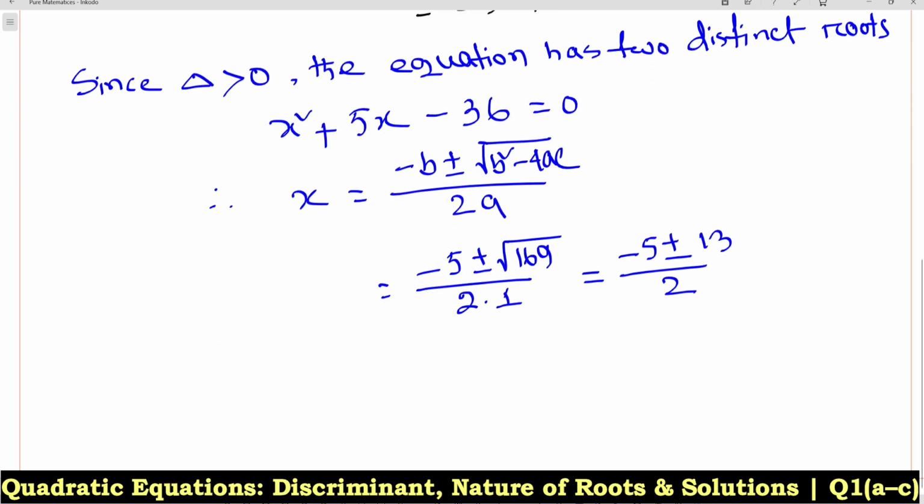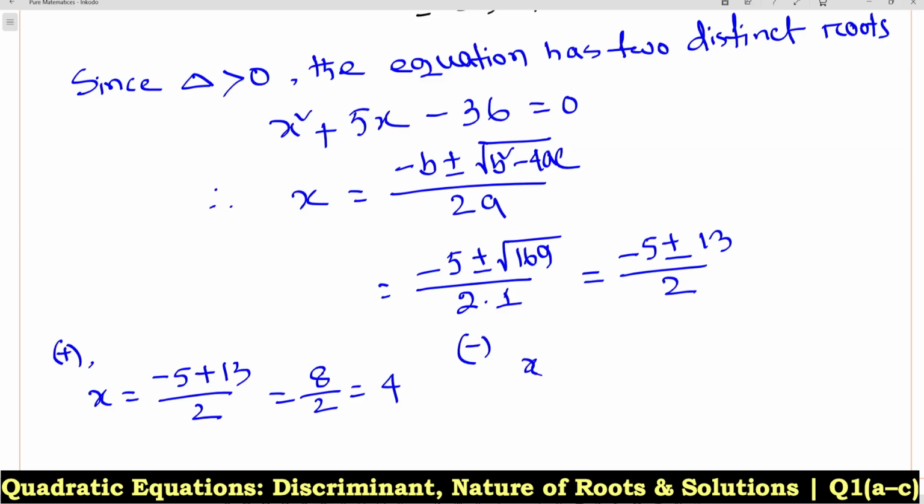So what will be the result? Once positive, x equals minus 5 plus 13 divided by 2. It means 13 minus 5 is 8, divided by 2, which is 4. Once negative, x equals minus 5 minus 13 divided by 2.